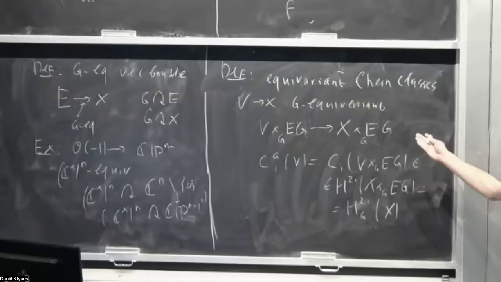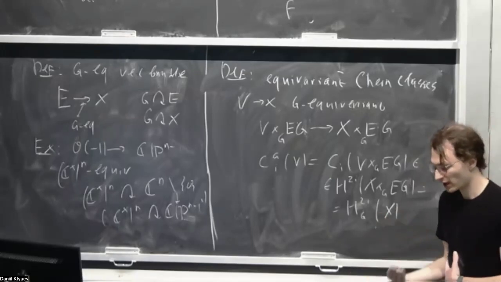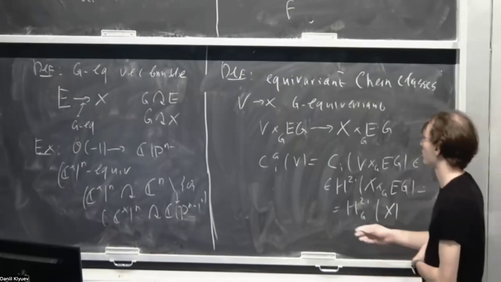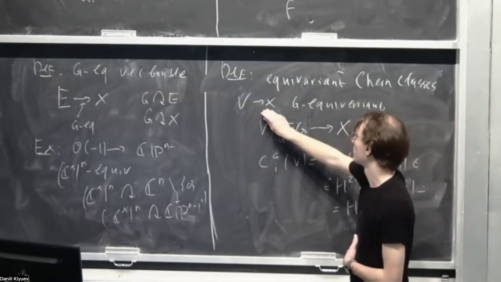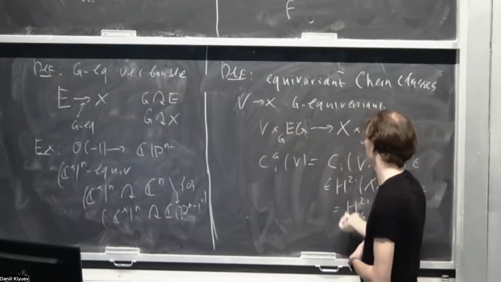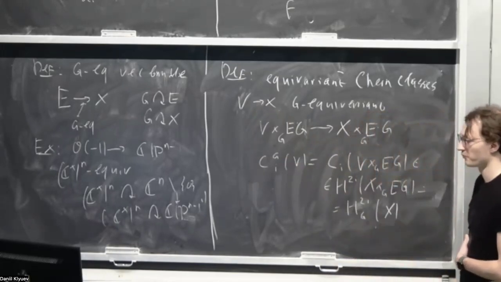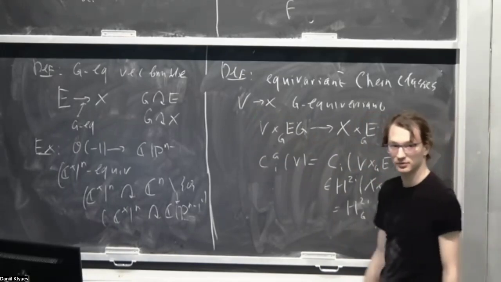So this is the construction of these classes. Now instead of considering bundles on the spaces, you can just write an equivariant bundle on your space and consider its equivariant classes, and they will give you something in equivariant cohomology, and maybe they will generate it somehow in a nice way.